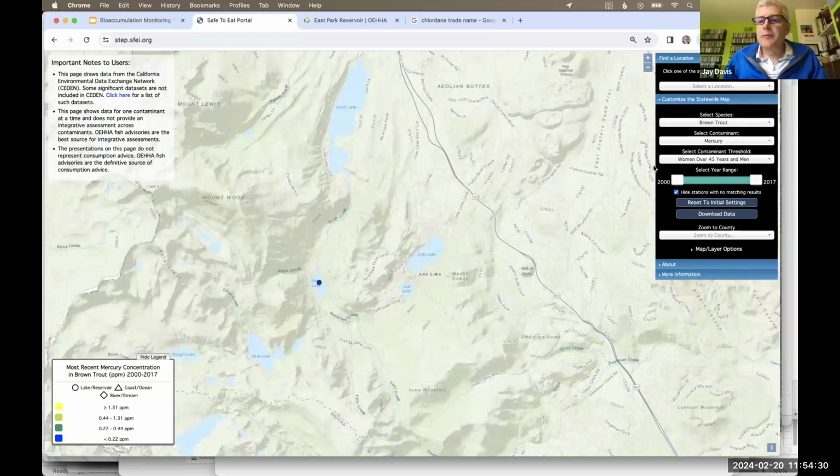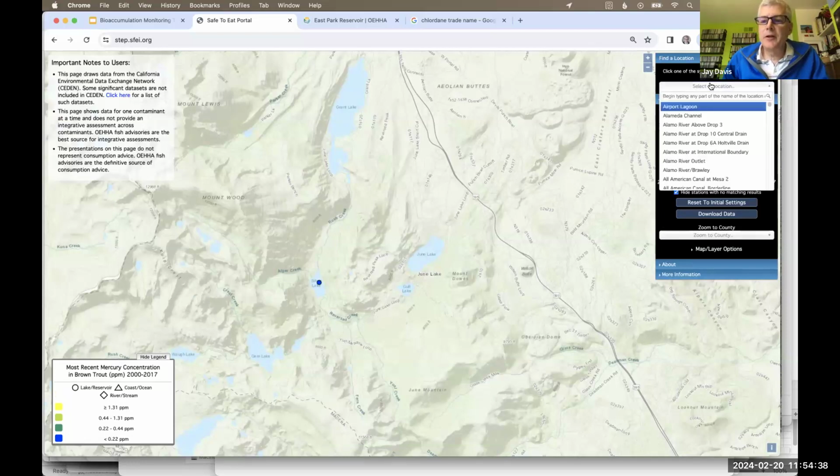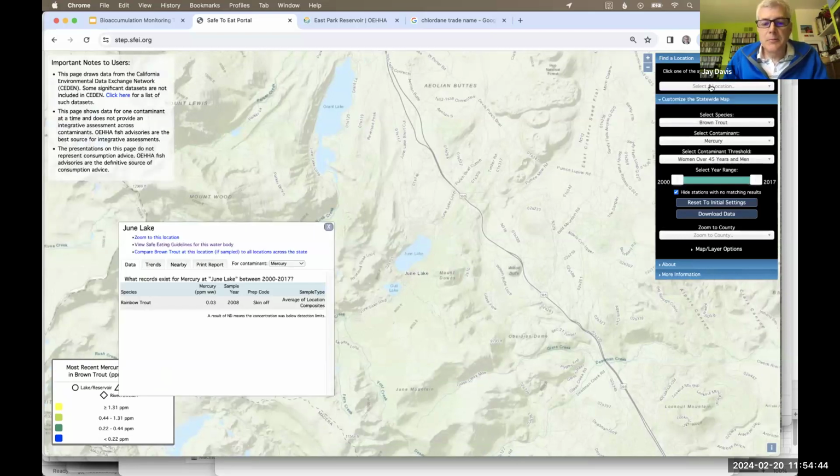Something to note for June Lake: the data that show up are from the first statewide survey, and we were not doing crayfish at that time. It would be interesting to know what the prey fish are doing, to have another indicator to support whatever you're seeing.